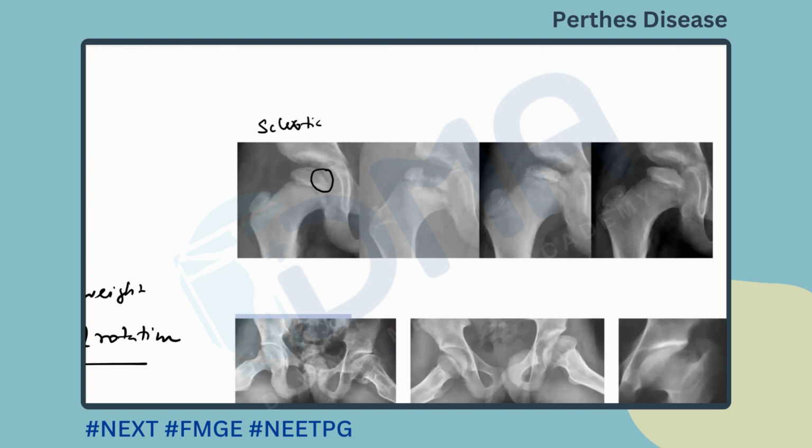After sclerosis, subchondral fracture and fragmentation happen. Now, can you see the fragmentation clearly? If it is treated properly, it heals. If it is not treated properly, you will land up in arthritis.